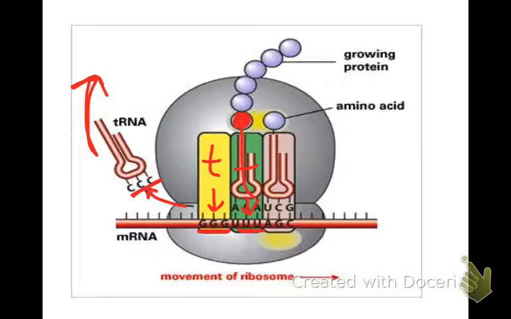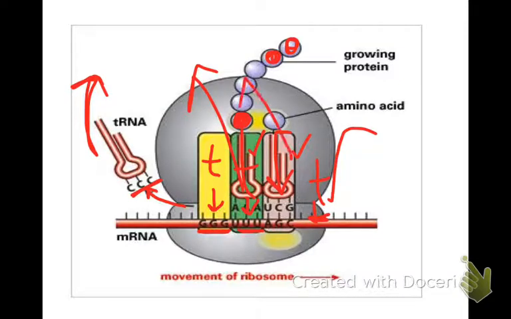You have to take turns of your tRNA. This tRNA right here can't leave until this guy comes and sits down. He deposits his amino acid, and then he may leave. This guy wouldn't be able to leave until another tRNA came and sat down, read his codon, deposited an amino acid, then he could leave.